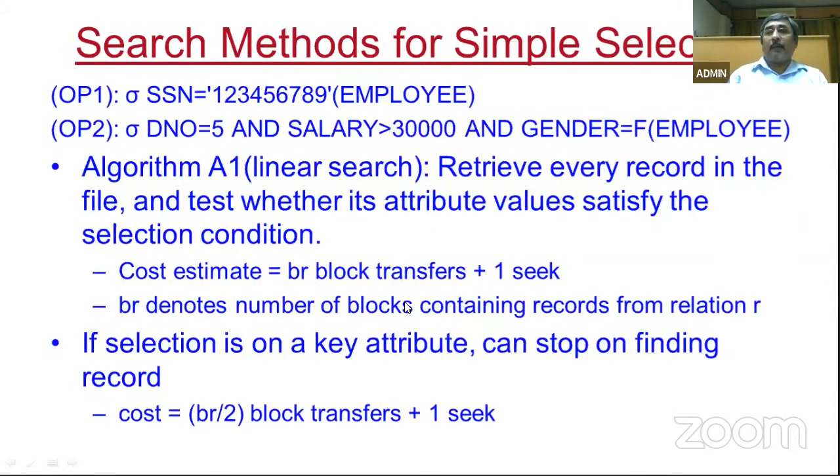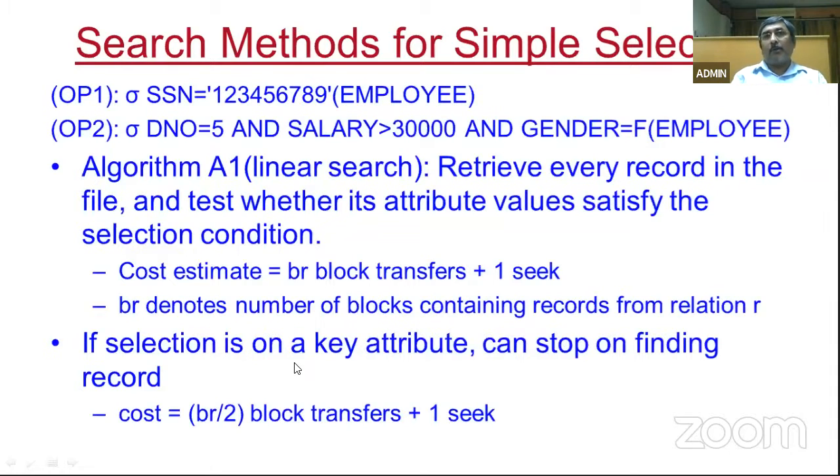Now there may be BR number of blocks. So I need to transfer all BR blocks into my memory so that I can check whether this condition is met or not. Now, if it is a key attribute, then on the average, I need not look at all the blocks. Why? Whenever this SSN is present in some particular record in a particular block, I need not go to other blocks.